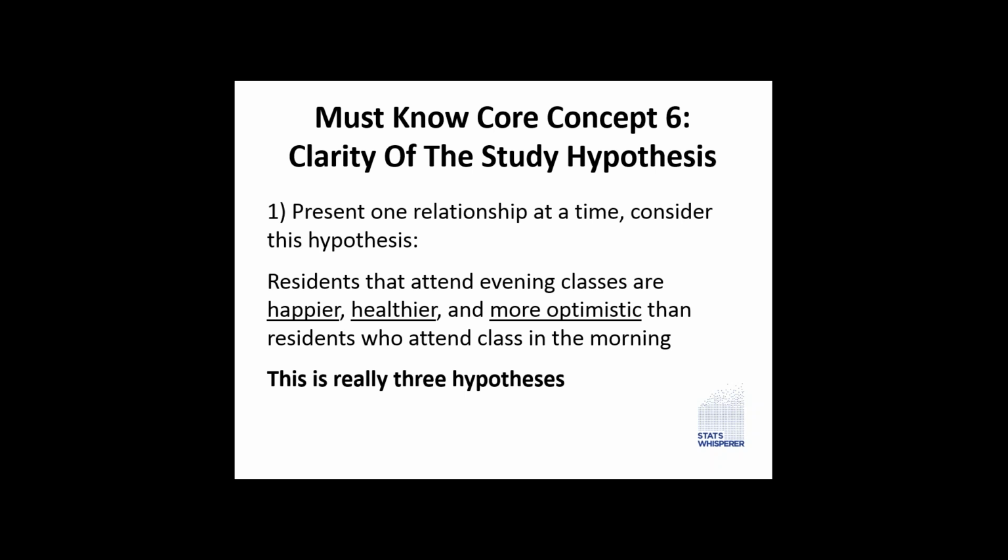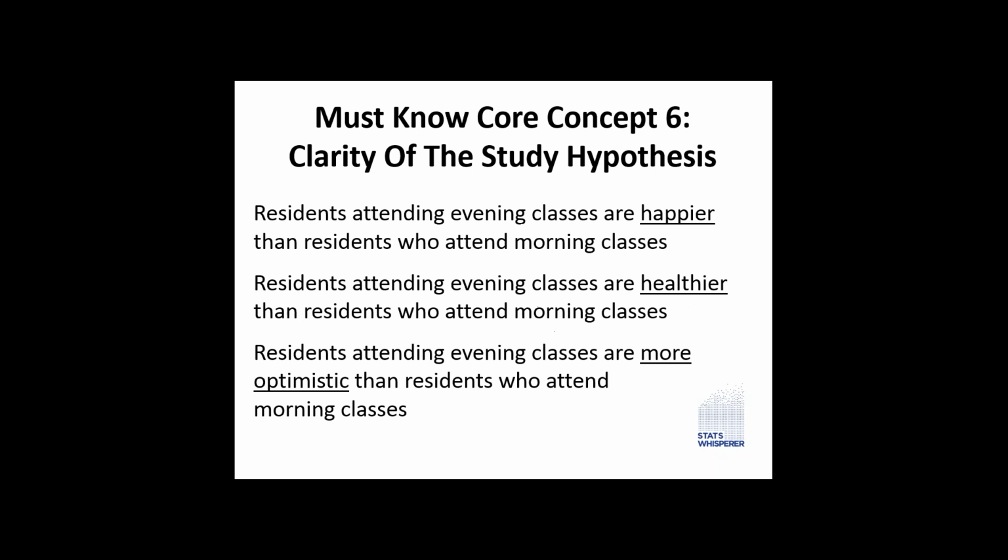right? You want to be able to say if a hypothesis is supported or not supported. So if the first factor, right, they are happier, but they're not more optimistic, there's a conflict there. So the hypothesis is supported in one way and not another. So you can't definitively say the hypothesis was or wasn't supported. So it'd be better to break them up into 3 hypotheses.